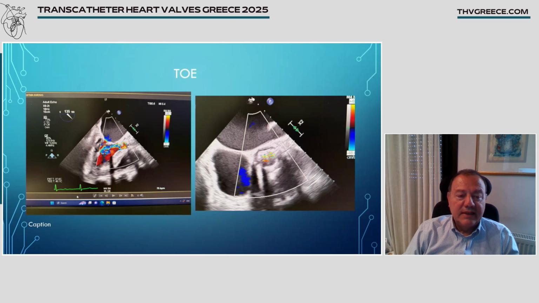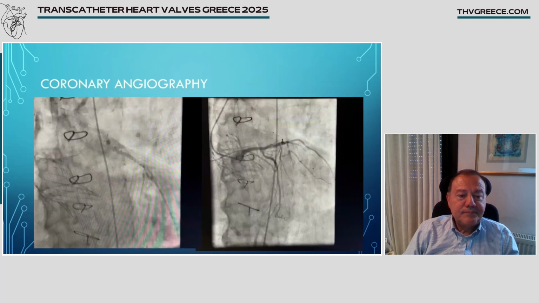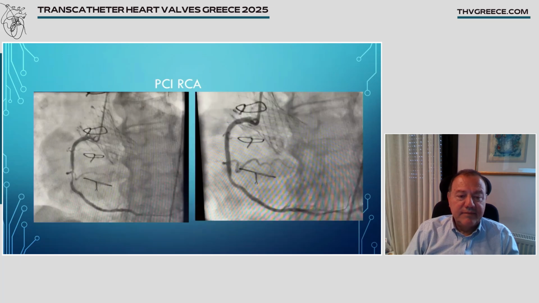He underwent a TOE, and that showed central aortic regurgitation through the TAVR. He also underwent coronary angiography that showed patent LIMA to LAD. The rest of the left system didn't have anything significant, but the right coronary artery had a new lesion that was tackled with angioplasty at the same session of the catheterization.